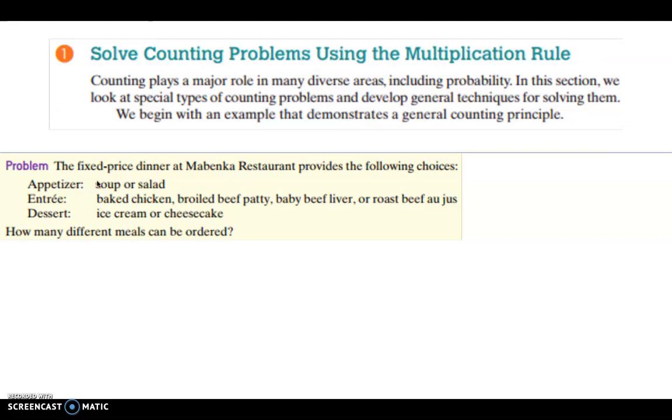So a fixed price diner at Mabenka restaurant provides the following choices. For an appetizer, you have soup or salad. You get one or the other. Then you can see for entrees, you've got, looks like, 4 different entree choices and then 2 different dessert choices.